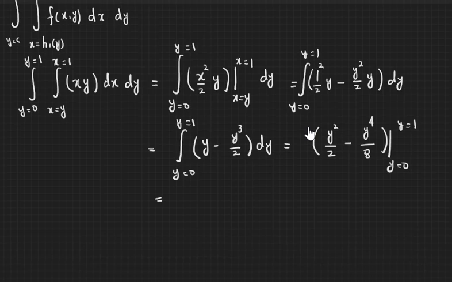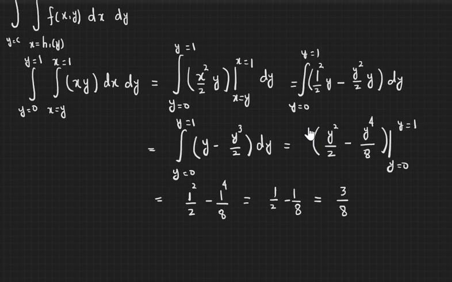we can write y is equals to 1 here, so that would be 1 square divided by 2 minus 1 power 4 divided by 8. Then applying limits of integration, y is equals to 0, so that would be 0 square divided by 2 plus 0 power 4 divided by 8, so no need to write 0. Simplifying this, that would be equals to 1 upon 2 minus 1 upon 8, and when we simplify it, that would be equals to 4 minus 1, that would be 3 over 8.